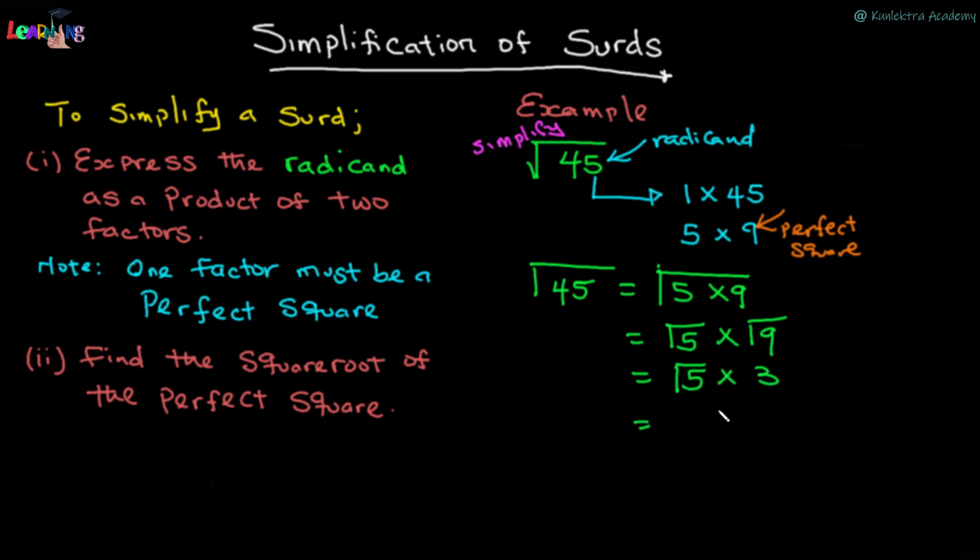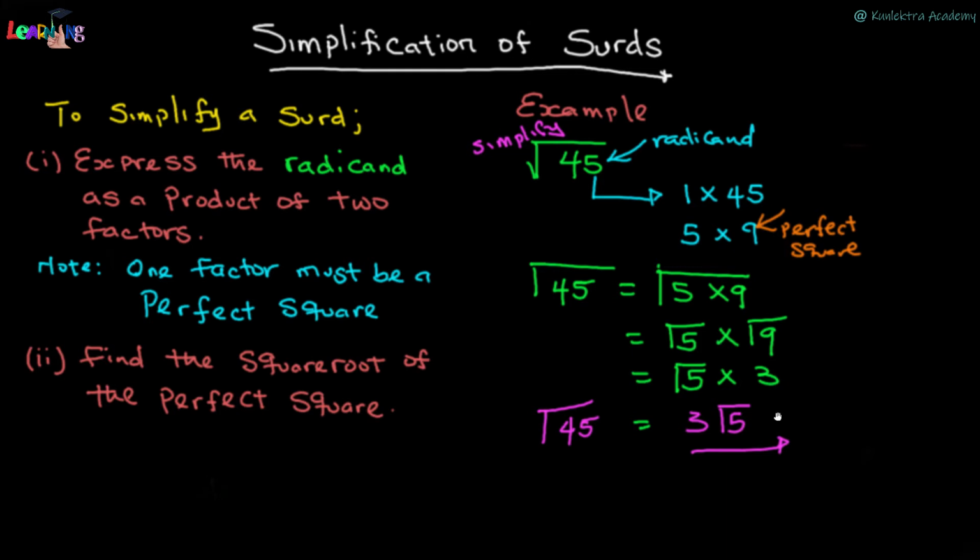Now, we have our final value: 3 times square root of 5. This is how you can simplify. Finally, square root of 45 gives us 3 square root of 5.